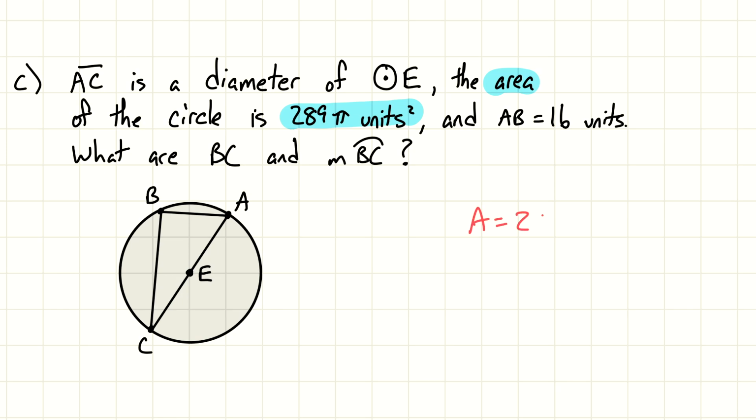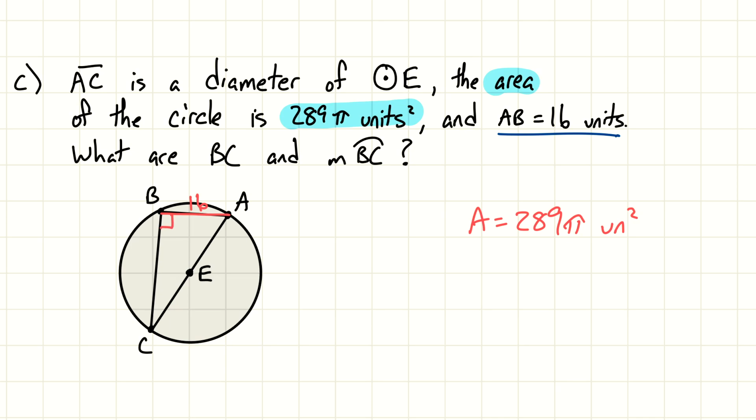Area equals 289 pi units squared. And AB is 16 units, so 16 units from A to B. Now, another thing to remember is when we have a triangle in a semicircle, this triangle is a right triangle, right?